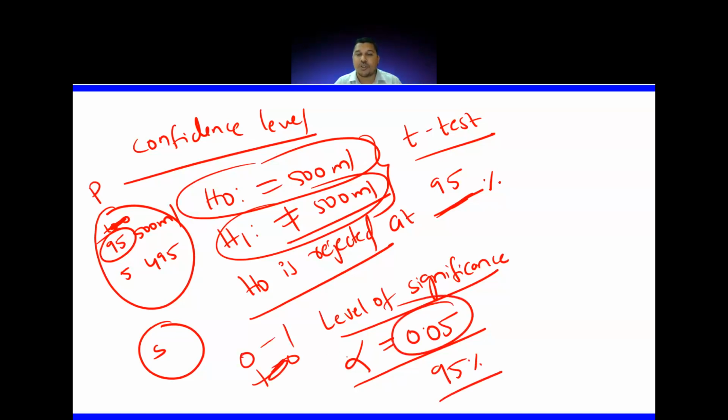In that, 0.05 is your level of significance. By default, that is the standard. So whenever you are trying to make a comment about H naught or H1, you are trying to prove or disprove whether it is equal to or not equal to. You will say that H naught is rejected at 95% confidence level.